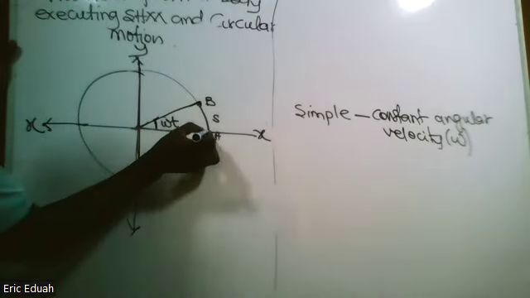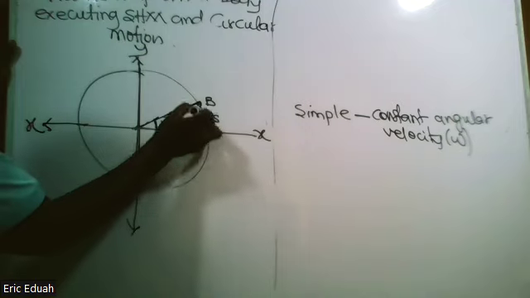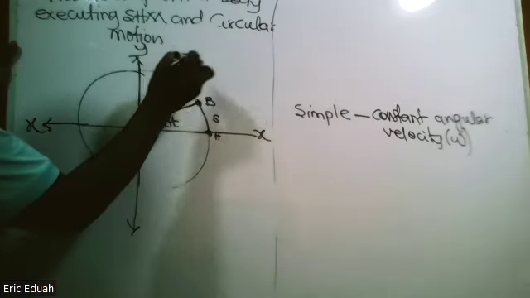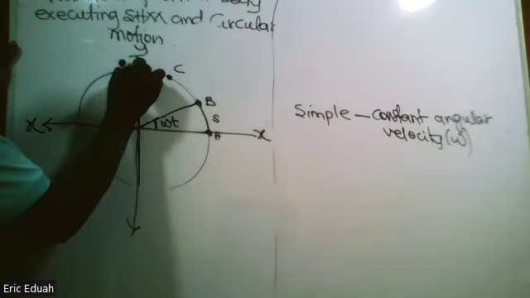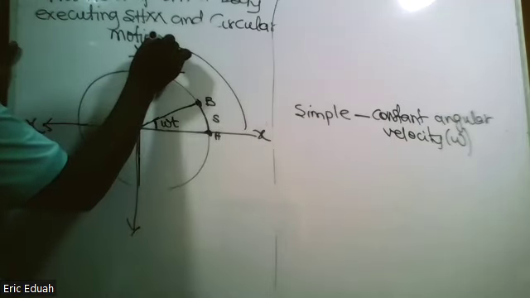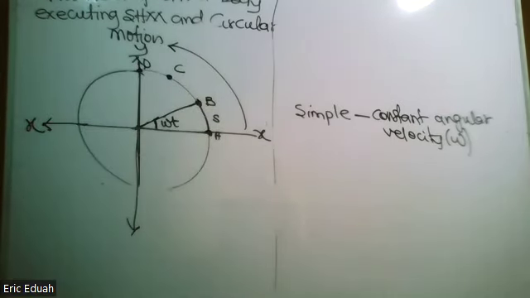Let's picture the body to be moving from A, B, C to D. So within the first quadrant, the body is moving anti-clockwise.